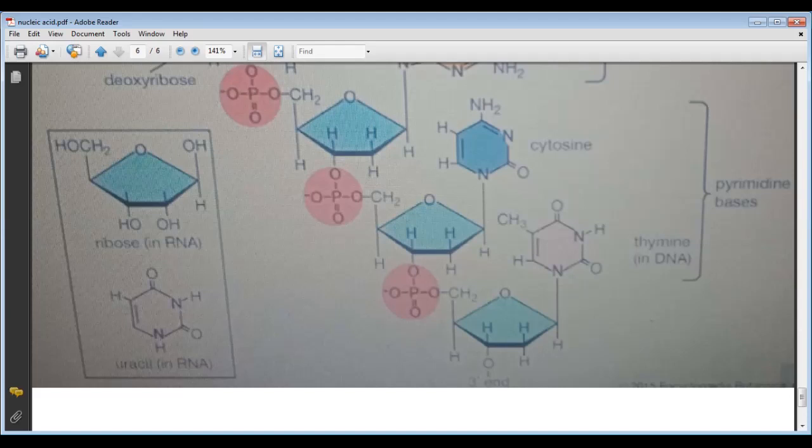At the fifth carbon position there is the presence of the phosphate ion. Phosphoric acid is also present here.